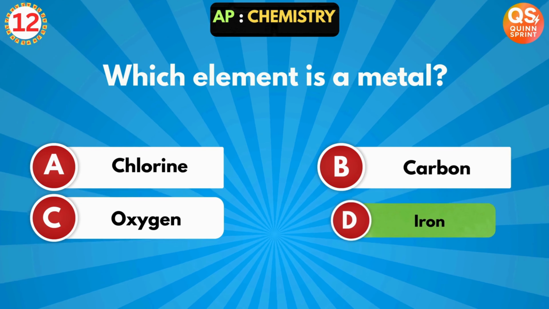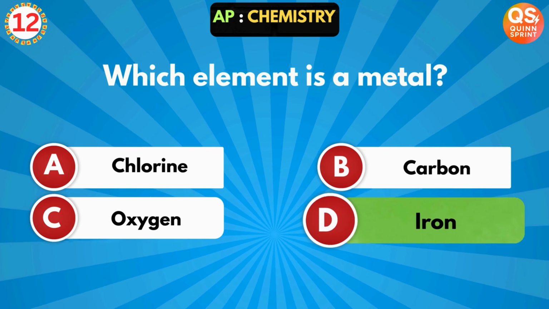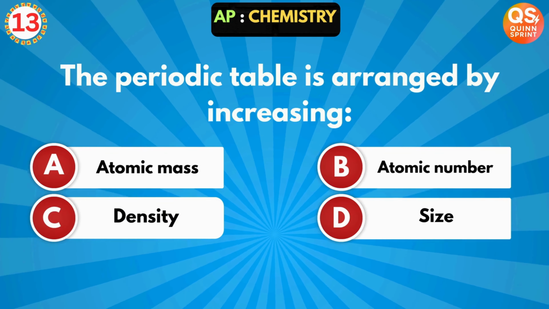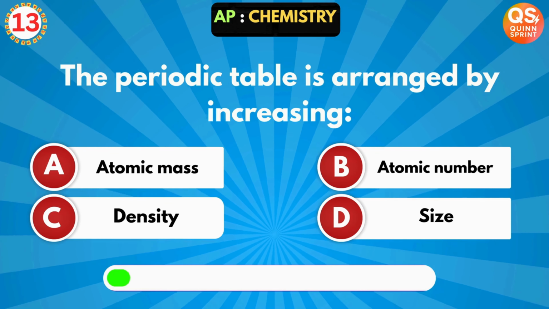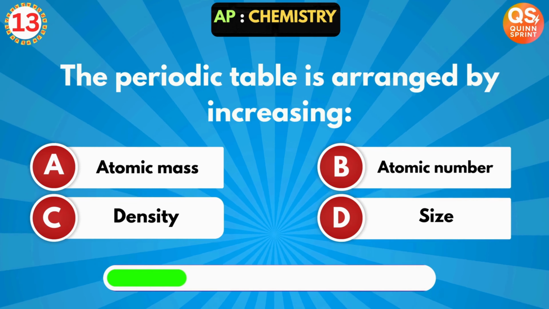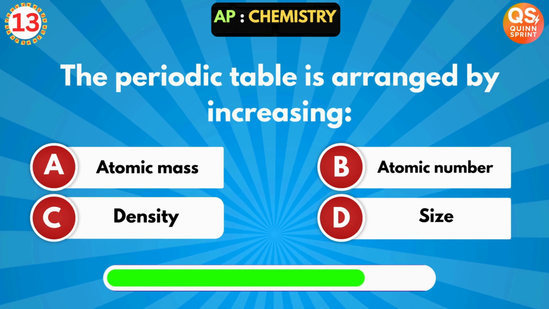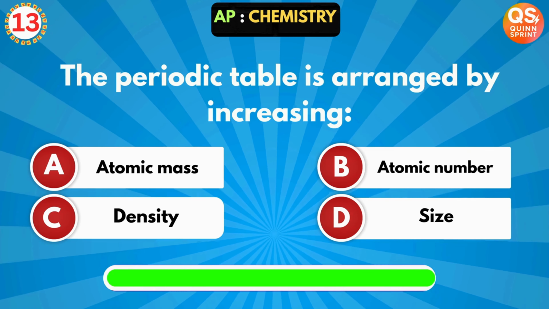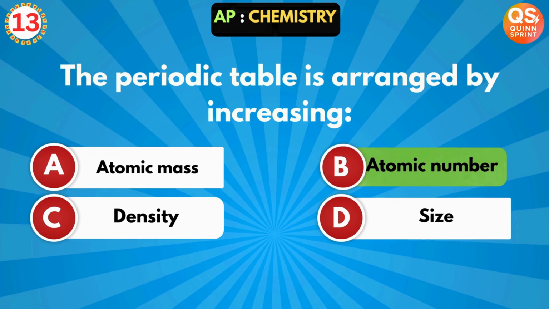Iron. The periodic table is arranged by increasing atomic number.